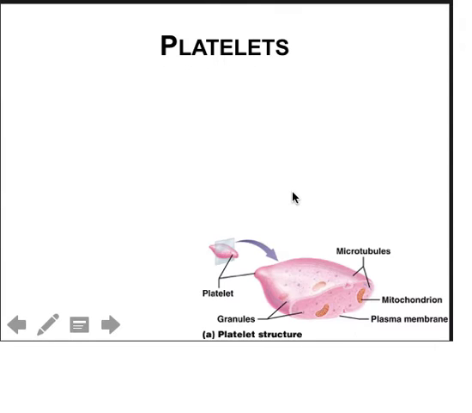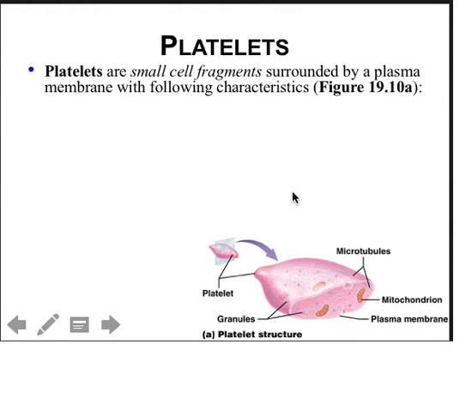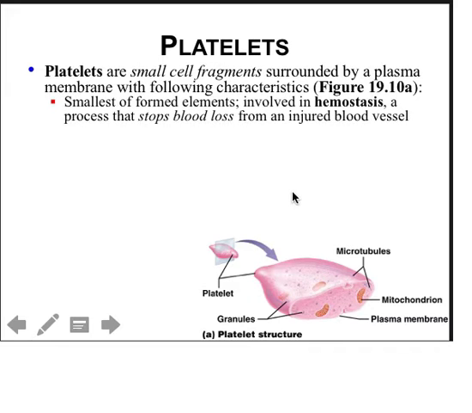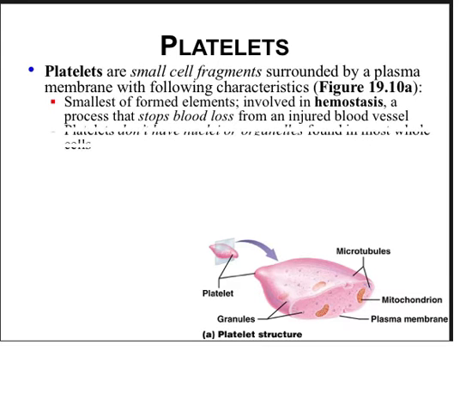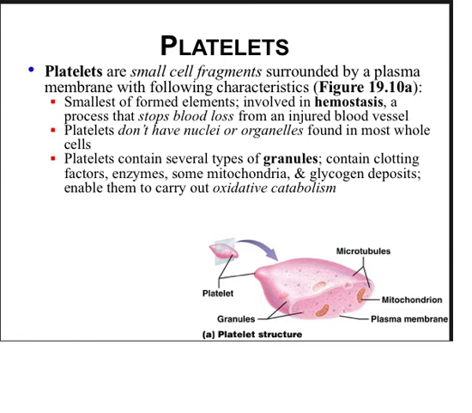Okay, platelets are small cell fragments surrounded by a membrane that are the smallest of the formed elements. They're formed by stem cells called megakaryoblasts, and they're involved in hemostasis, which stops hemorrhaging. Platelets don't have nuclei or organelles and are found in most whole cells.